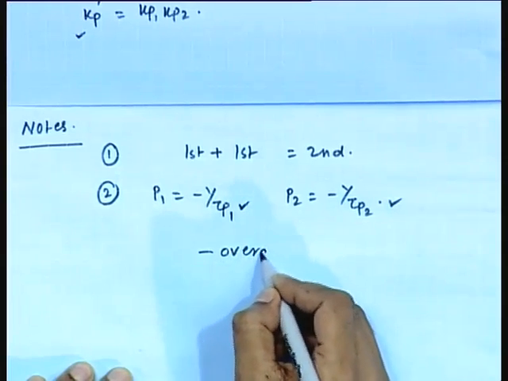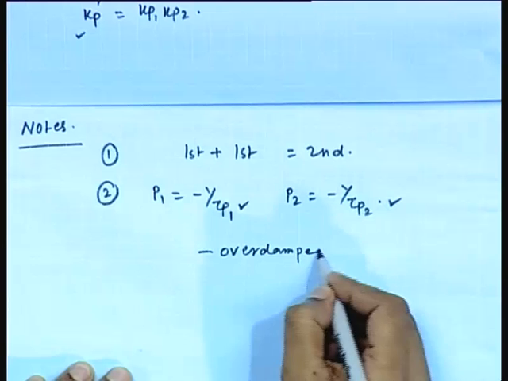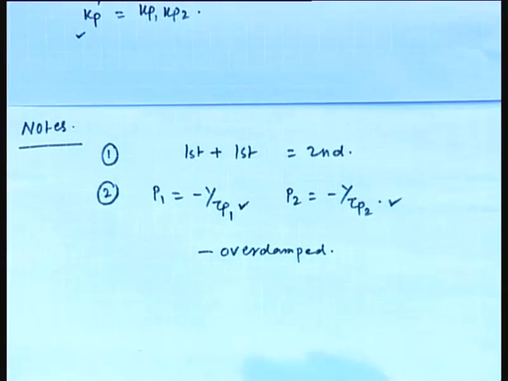We have two distinct real poles. So, the response is overdamped response, but in some cases tau p1 may be equal to tau p2.